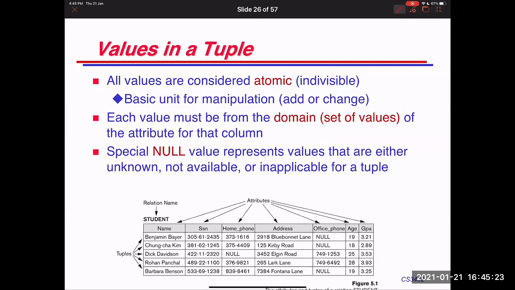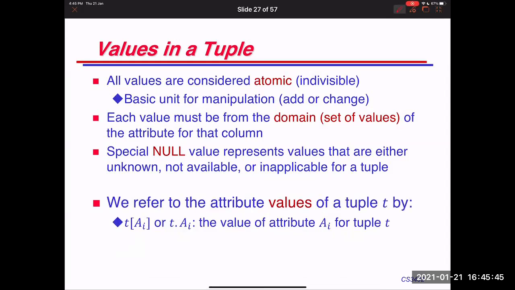Okay, so again, looking at an example here. Now here we have this column office phone, and you can see that some of the tuples here have a null value as the entry. That just means that we don't know the office phone number, or that student doesn't have one. Now we use the following notation to talk about specific values of a tuple.